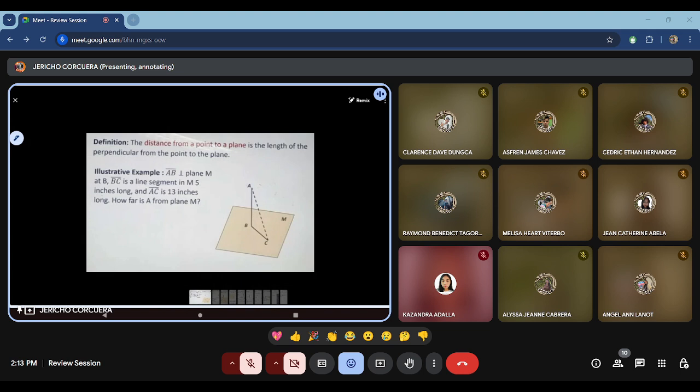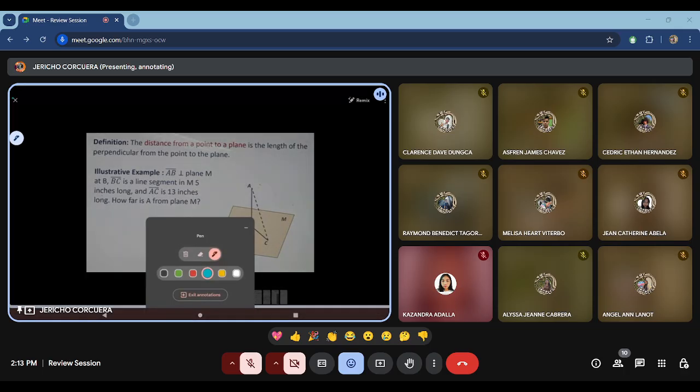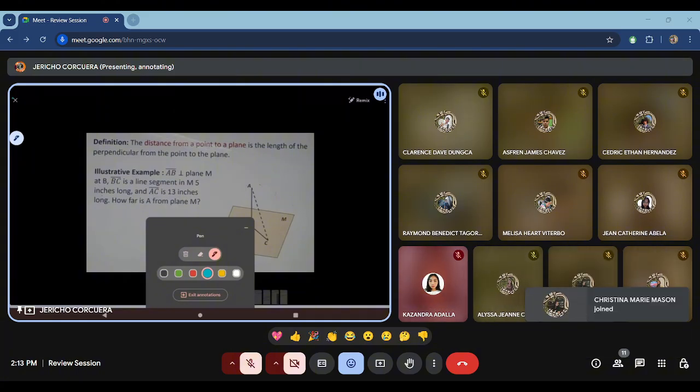The line AB is the distance from a point to a plane, and that is the perpendicular line from the point to the plane.